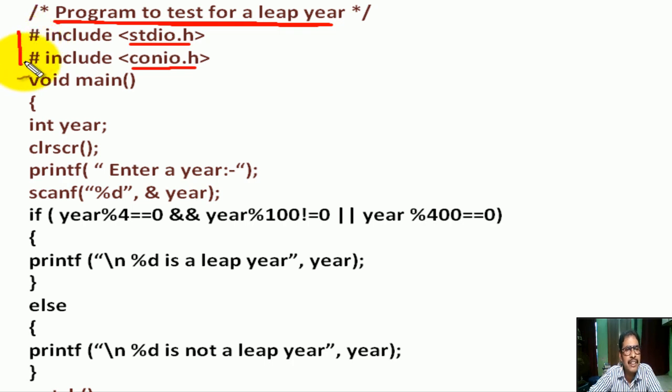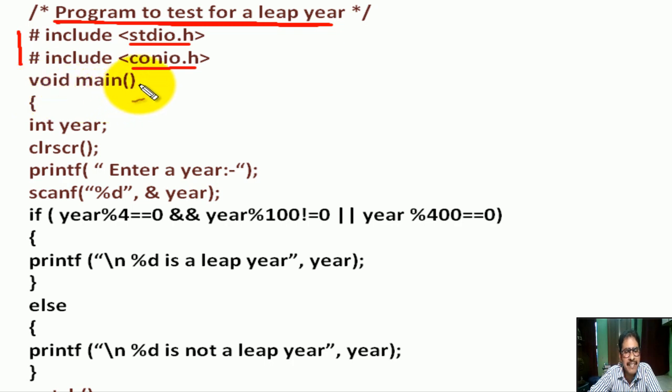We write header file first, hash in small letter, include within brackets stdio.h, hash include within brackets conio.h.